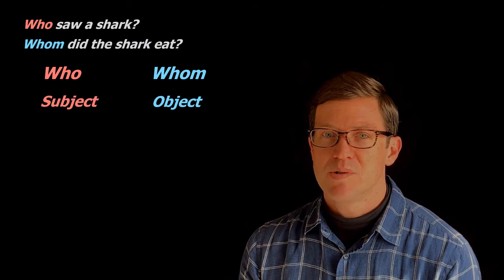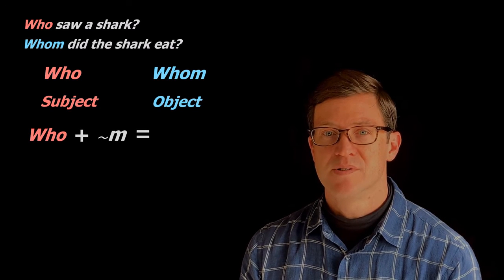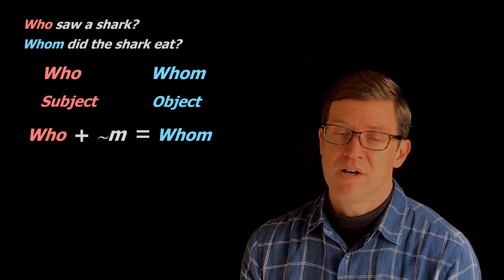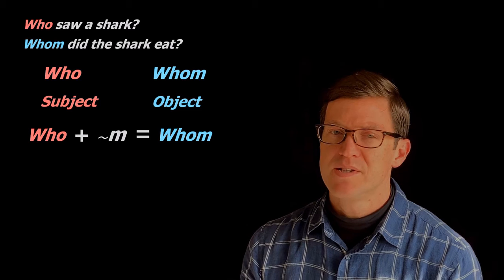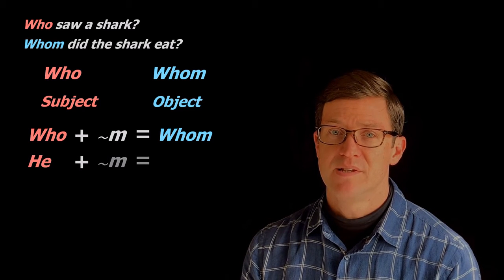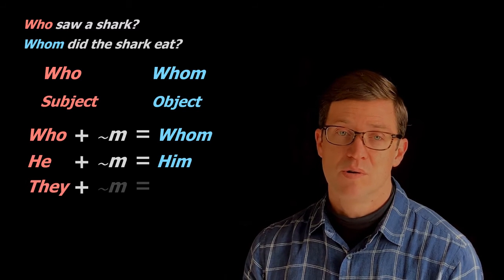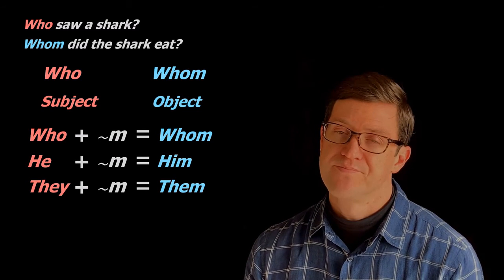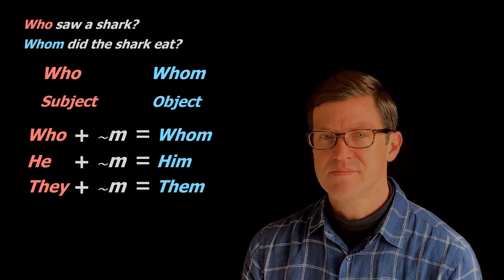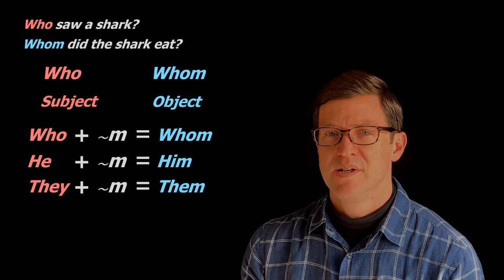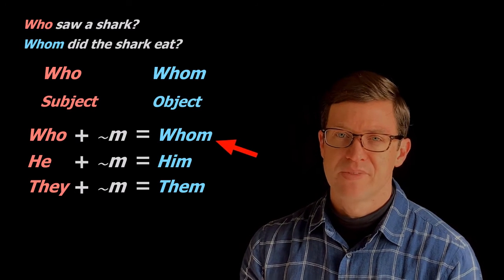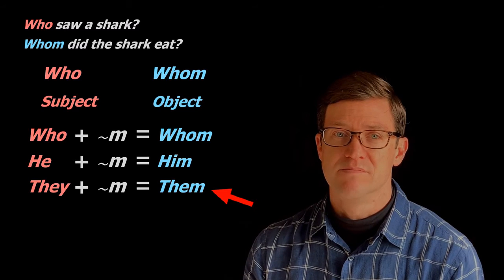So we put an M at the end of who to make it the object pronoun. It's similar to the difference between he, which is the subject, and him, which is the object, or they and them. Same thing. Looking at it this way, you can see that sometimes object pronouns end with an M.